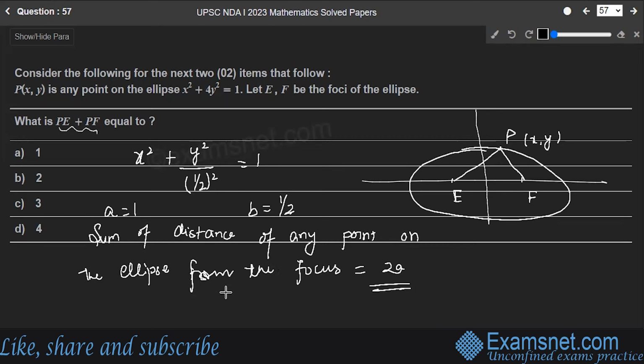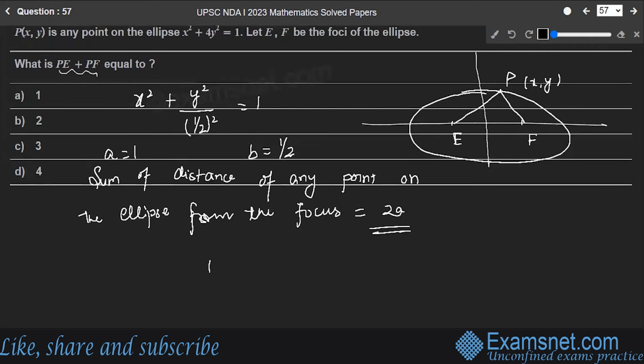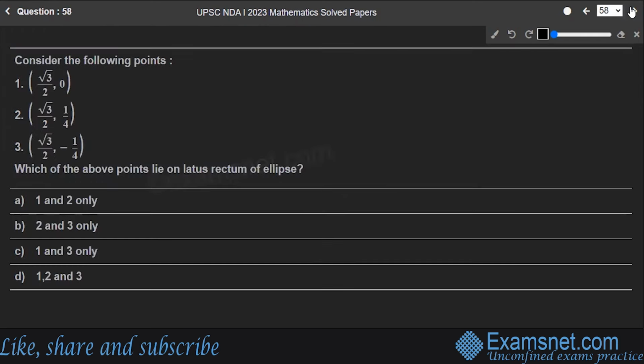So that means PE plus PF is equal to 2. So we have option B as the answer. Hope you understood. Let's move to the next question, number 58.